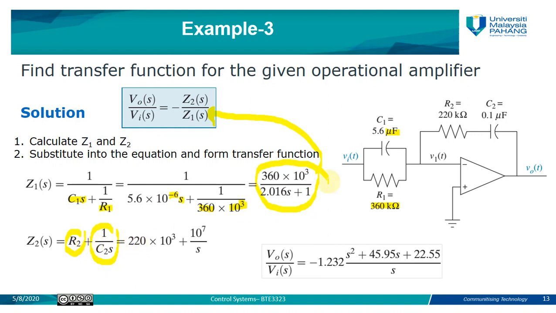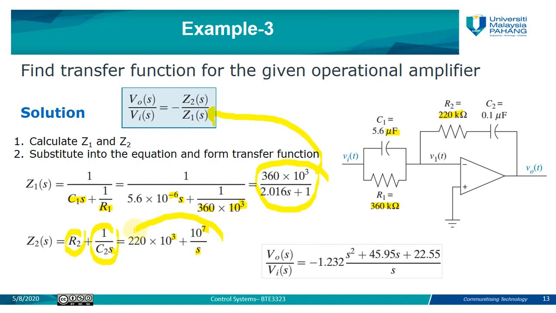The value of the resistor here is 220 kilo ohm, times 10 to the power of 3, because it is kilo ohm, plus 10 to the power of 7 over S. The capacitor is 0.1 microfarad, so it's 10 to the power of negative 7 in the denominator; taking it up to the numerator it becomes 10 to the power of 7, and S is still in the denominator.